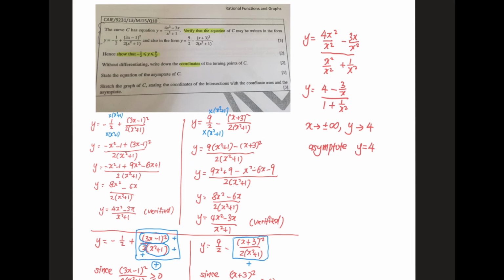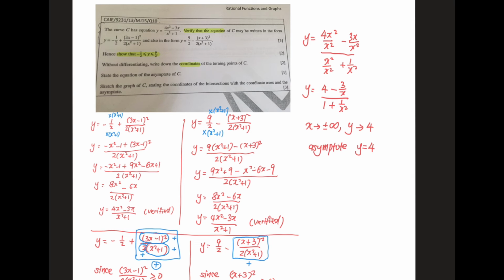Vertical asymptote, we don't have any, because as you can imagine, the denominator you can't get any x value. You can't factorize the denominator. We always get vertical asymptote from the denominator, so we don't have. So in this case, this is the only asymptote, the horizontal asymptote, y equal to 4.